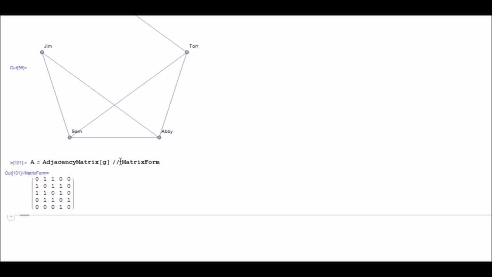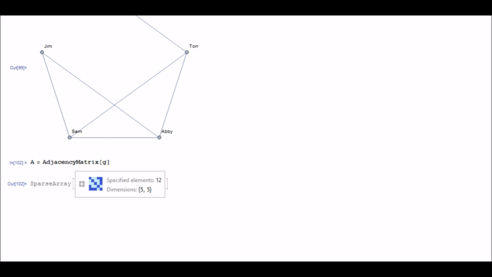Now notice that the matrix form can't be used in any further computations because matrix form essentially stores the matrix as a picture rather than as a list of numbers. And so when we try to do computations, we can't use the matrix form, it'll do it symbolically rather than using the individual entries of the matrix to do the computation. So we'll take that off and just work with the sparse array.